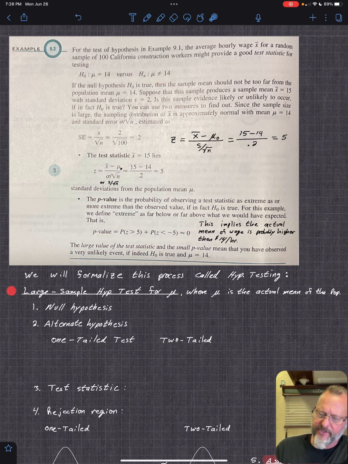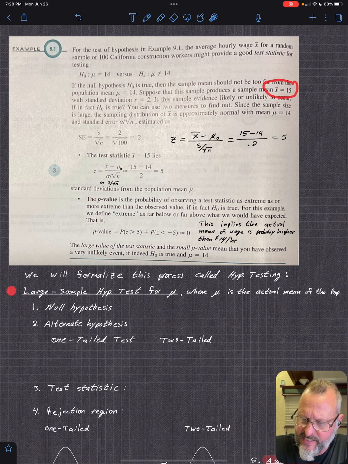Suppose you do the sample of 100, and you have a mean of that sample of 15 and a standard deviation of that sample of 2. So it's up or down $2. That seems like a reasonable standard deviation.